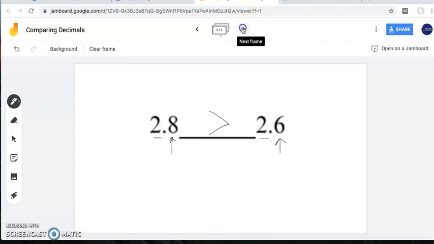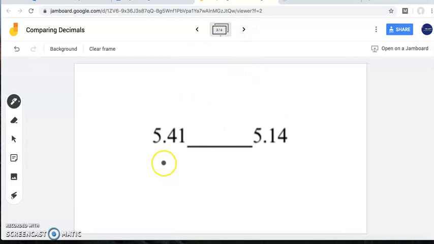these problems. Now for the next number, I have 5 and 41/100ths, and I also have 5 and 14/100ths. The first thing I'm going to do is work my way from left to right. I look at my ones place and I notice that both these numbers have a 5. So now I'm going to move to my tenths place. Here I have 4/10, and in this number I have 1/10.